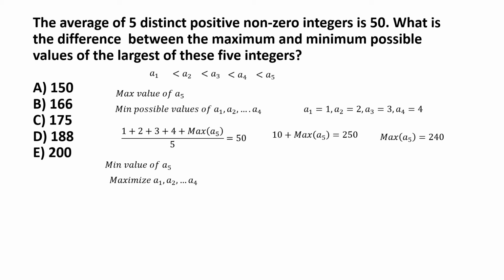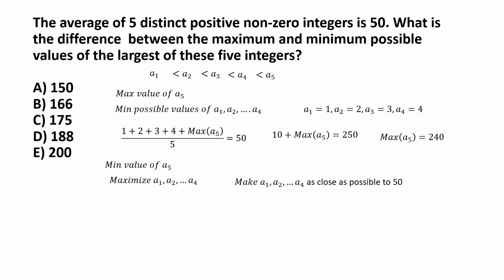If a1 through a4 are maximized, then we can find what minimum possible value a5 can take. And how do we maximize a1 through a4? Well, we can make them as close as possible to the average, right?